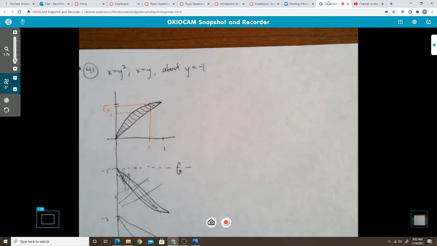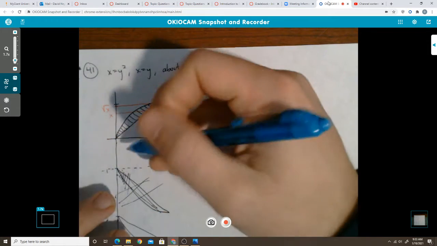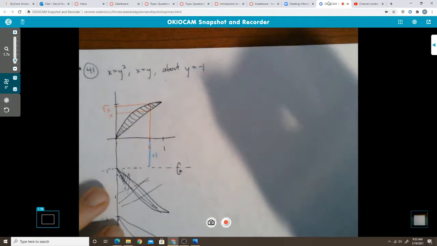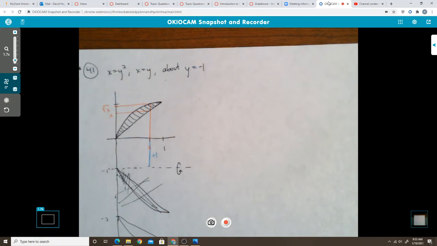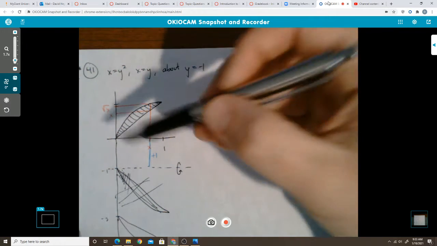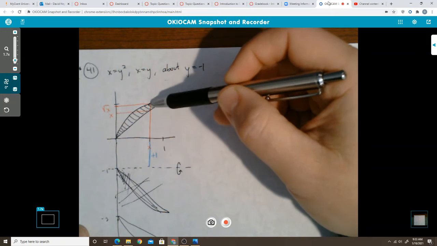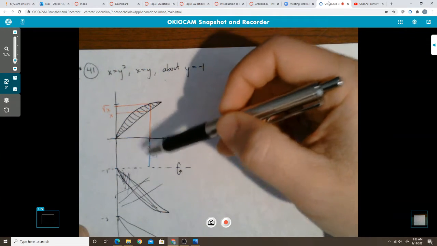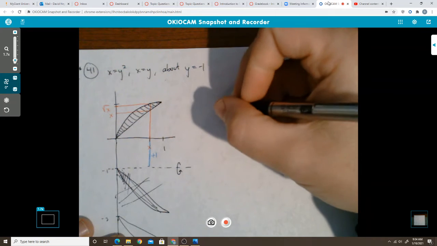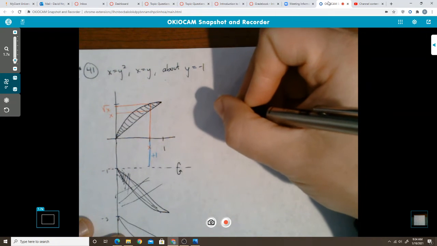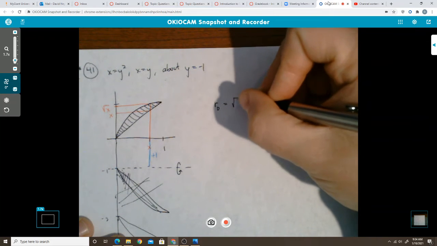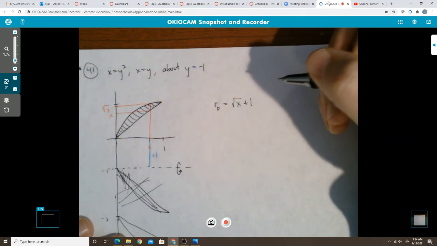So for the radius, you need to add on this additional part down here, which is a plus 1 to the radius. So altogether, the radius is actually square root of x plus 1. That's the radius of that outer circle. So maybe I'll call this r sub o for outer. That's going to be square root of x plus 1.